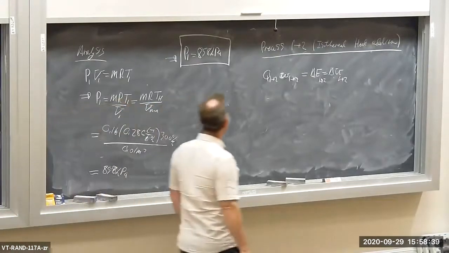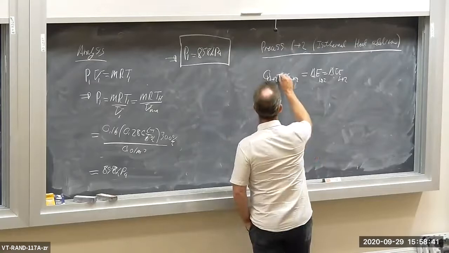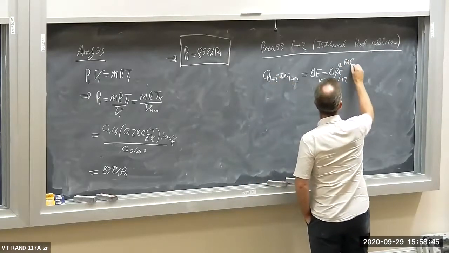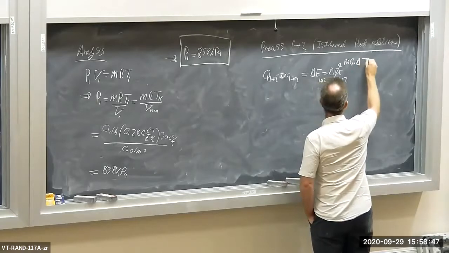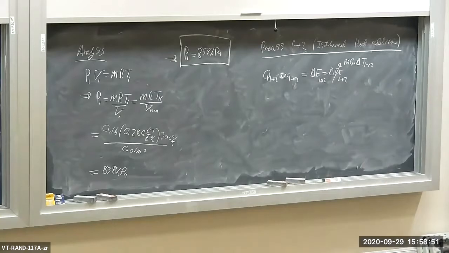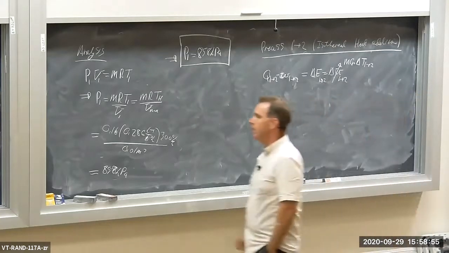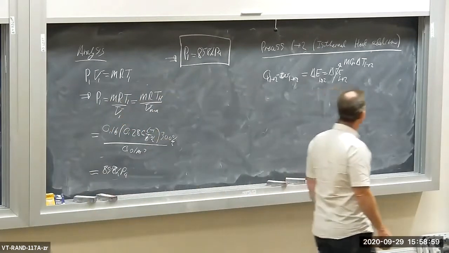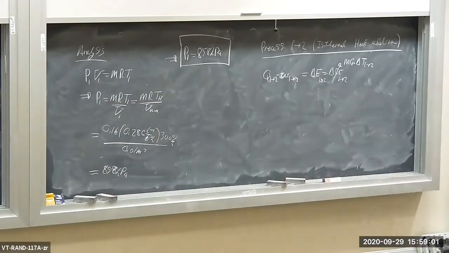Now we're working with constant specific heat. So this is mCV delta T from 1 to 2, okay? Now, if it's isothermal, what's delta T from 1 to 2? It's 0.